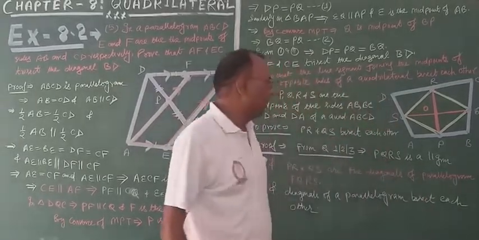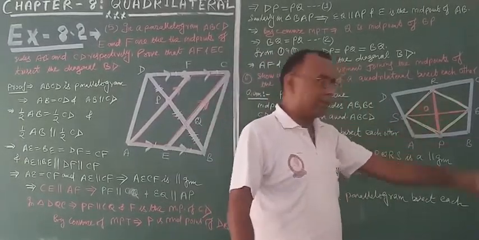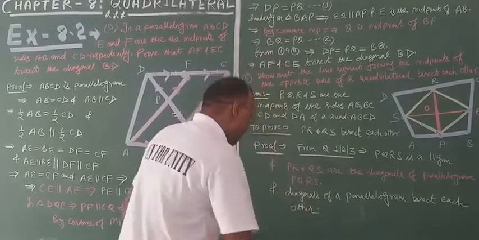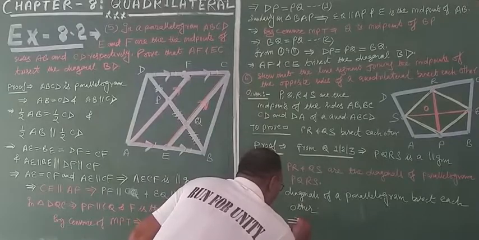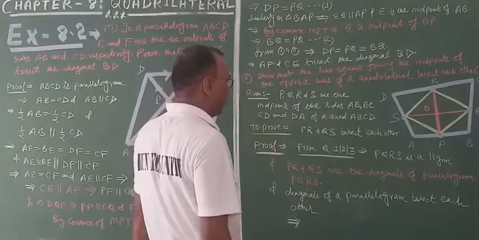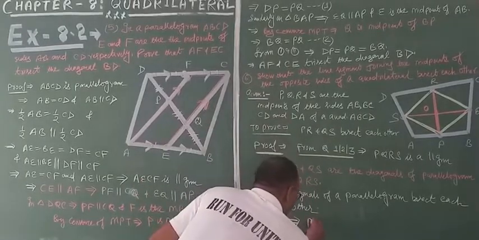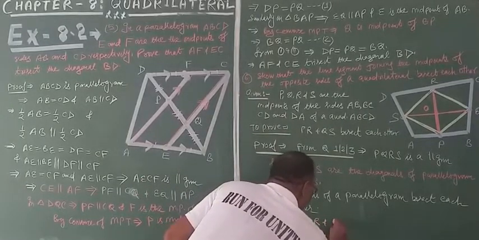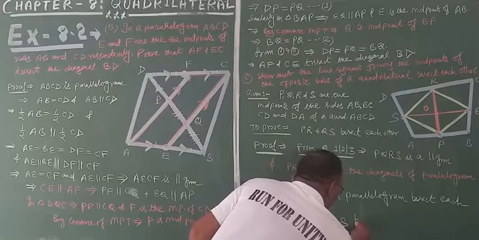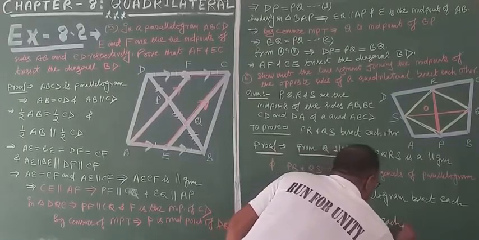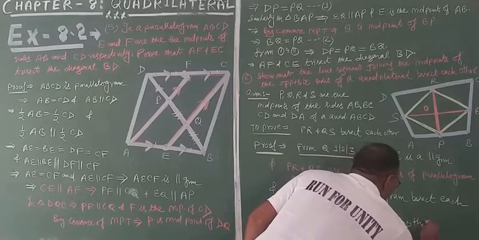And just look here, PR and QS are the diagonals of the quadrilateral PQRS. Therefore, which one? This we have to prove. PR and QS bisect each other.